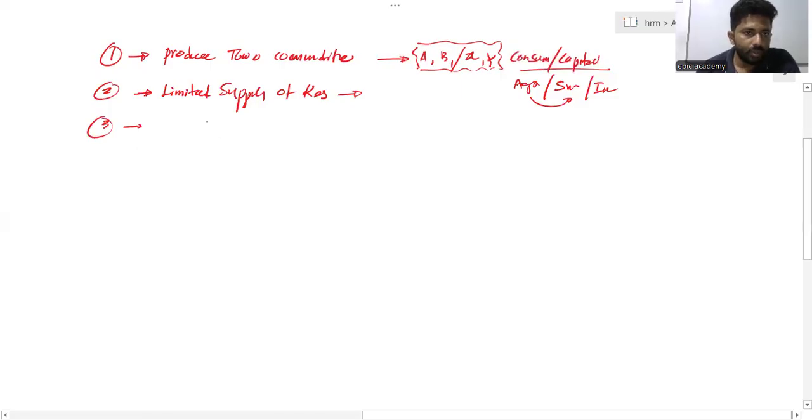Third, we are going to use the production possibility to represent only one particular time. This time period is very short.